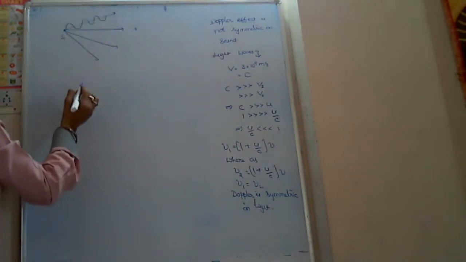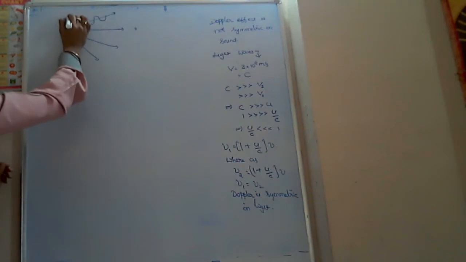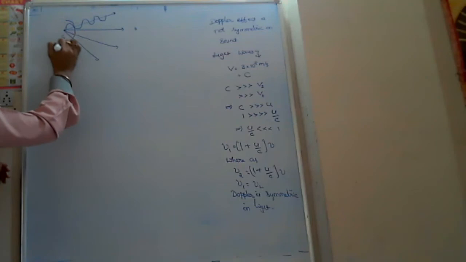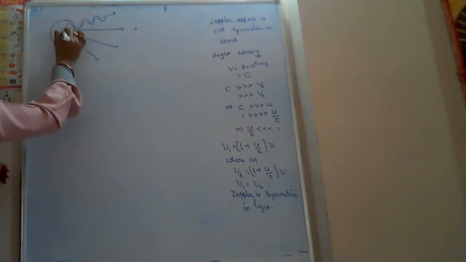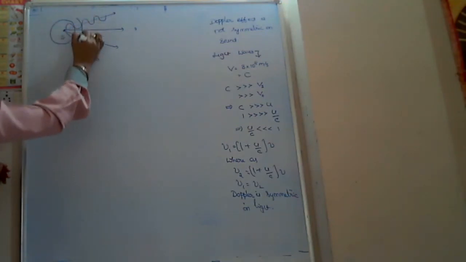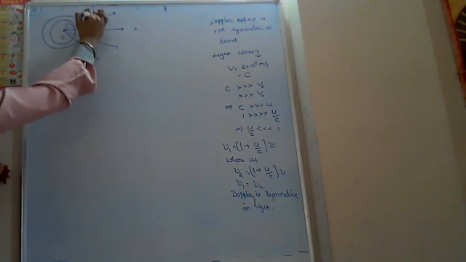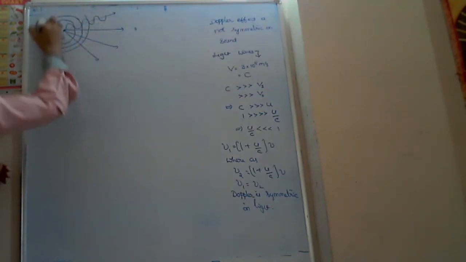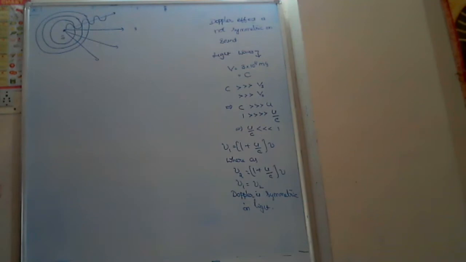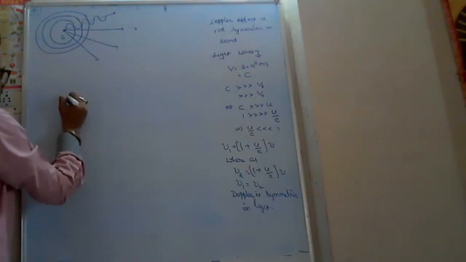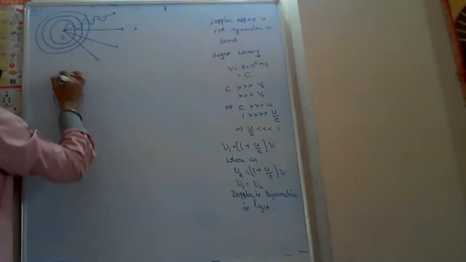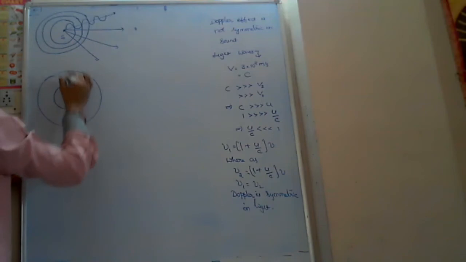For our convenience, we can construct spheres around it by taking it as the center. Concentric spheres means, suppose this is the point source, and I construct the concentric spheres like this.